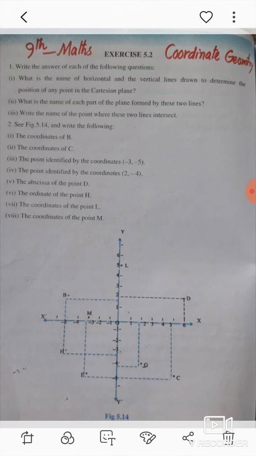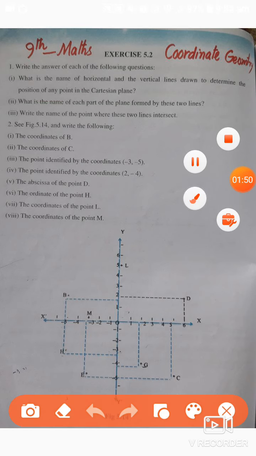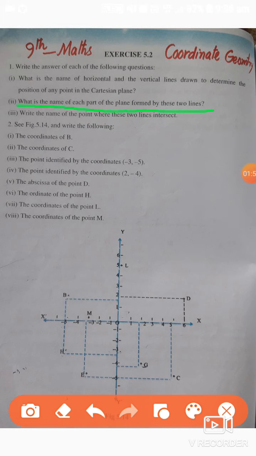And now we will come to the next part of the question, that is, what is the name of each part of the plane formed by these two lines? These two lines divide the plane into four parts. One part, second, third, and fourth part. Four parts, and each part is called a quadrant.